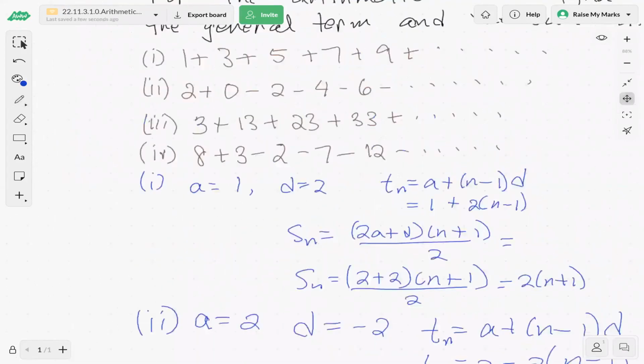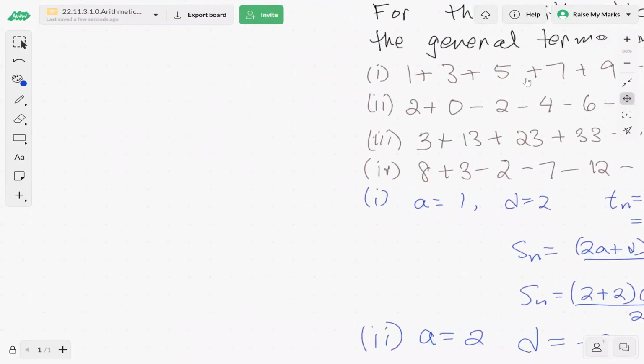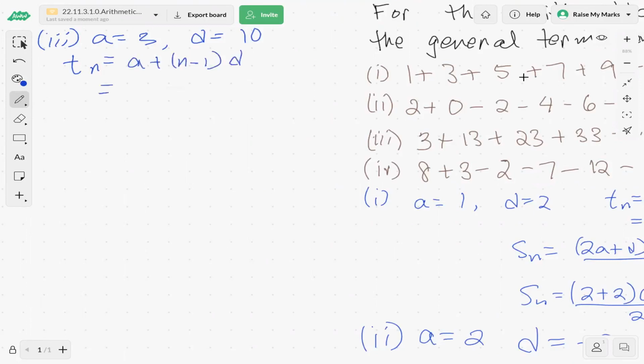Okay, so let's have a look at number 3. What is our first term? We need to find our general term first. Our initial term is 3 and our common difference is 10. The formula for our general term is Tn equals a plus (n minus 1)d. Let's plug everything in: 3 plus 10(n minus 1).